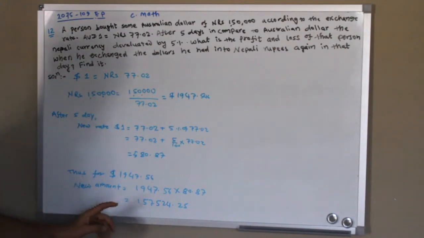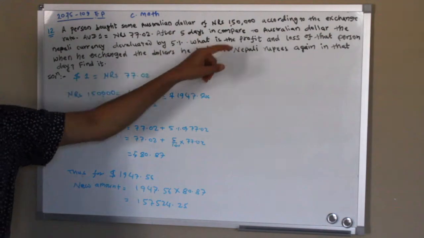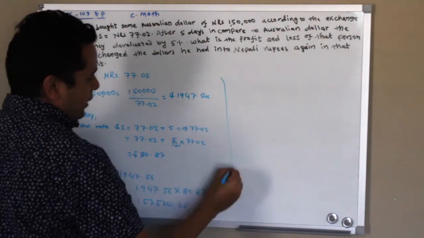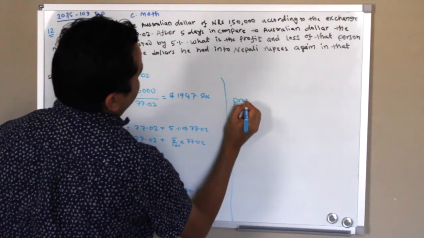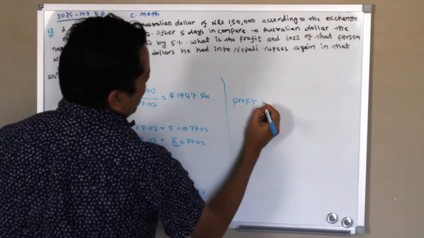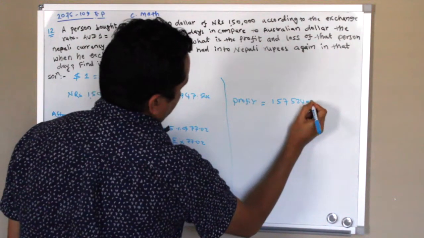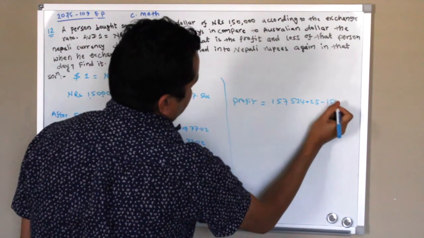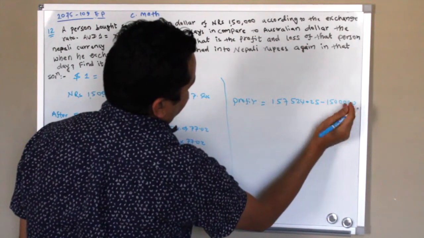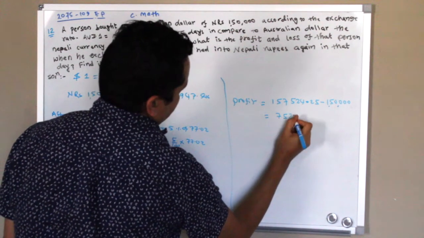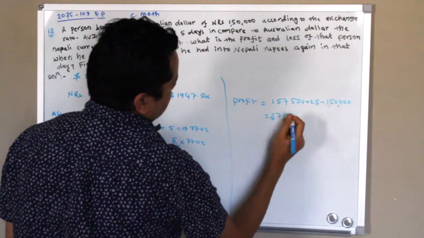524.25. Look at here. He made 1,57,524.25. But he purchased with 1,50,000. So did he make a profit or loss? Profit, obviously, because this is bigger. So the profit is 157,524.25 minus 1,50,000, which gives you 7,524 rupees.